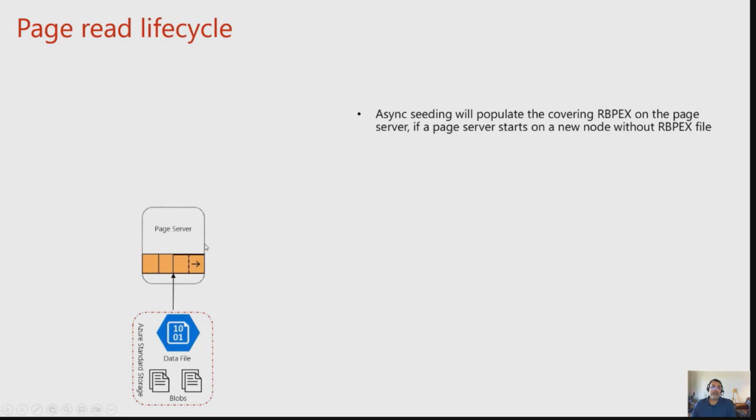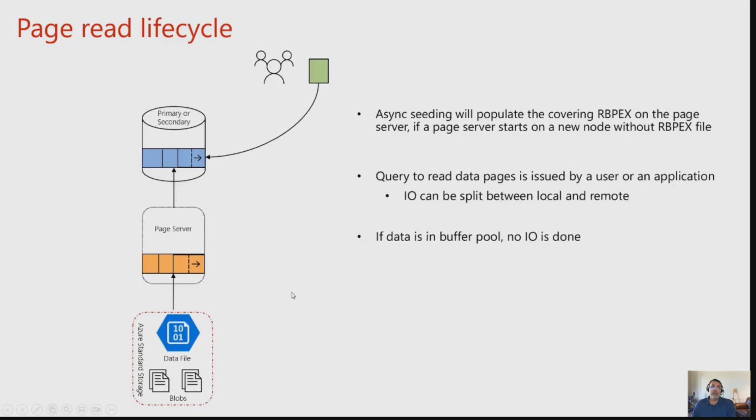In terms of the page read lifecycle, this is not any different than before. You have a set of blobs sitting on Azure storage. The first time the page server comes up, it reads these blobs and seeds its covering cache on local SSD. And this is where, when you have multiple blobs, you can seed in parallel.